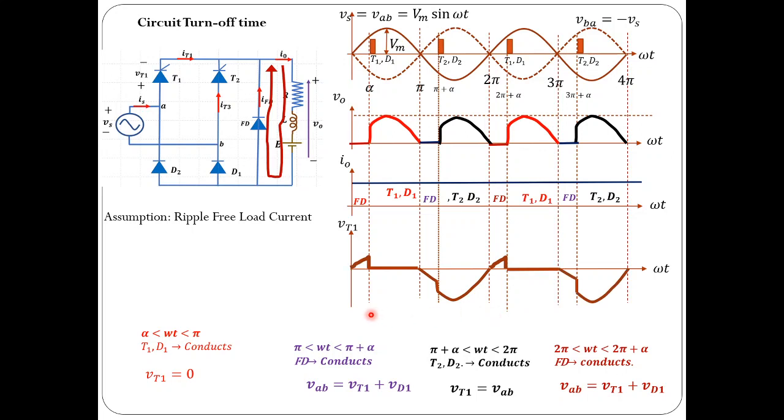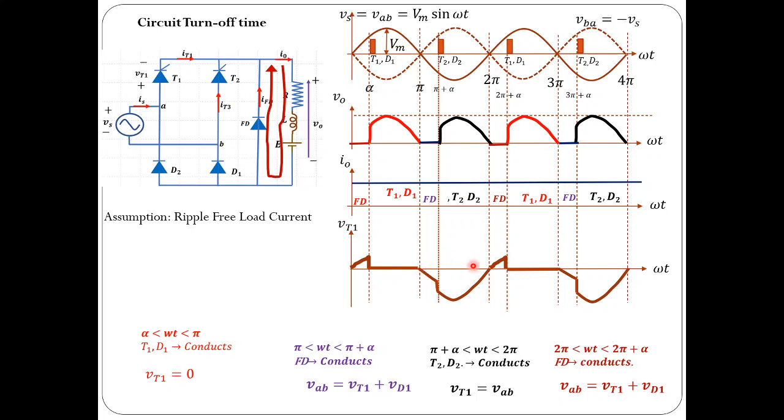Now if you consider this complete cycle, you can see that the thyristor is reverse biased from pi to 2 pi, right? The thyristor current was made 0 at omega t equal to pi. In fact, current is transferred from thyristor 1 to the freewheeling diode. So it is made 0, and then reverse voltage is applied at this moment, and this reverse voltage appears across the thyristor from pi to 2 pi.